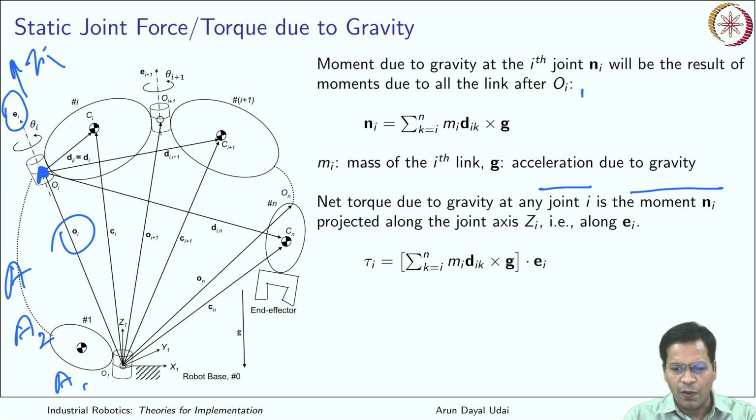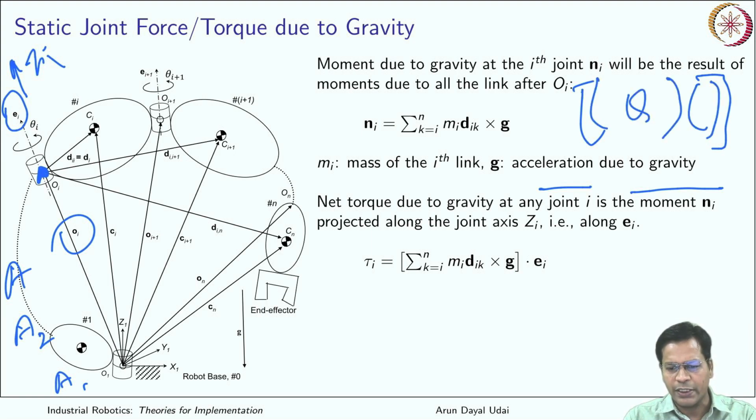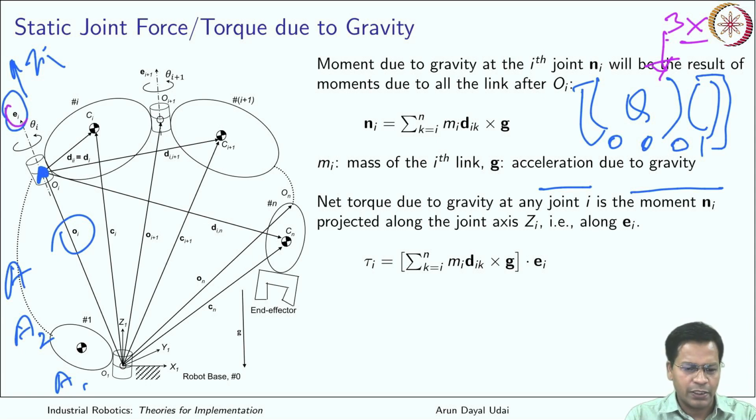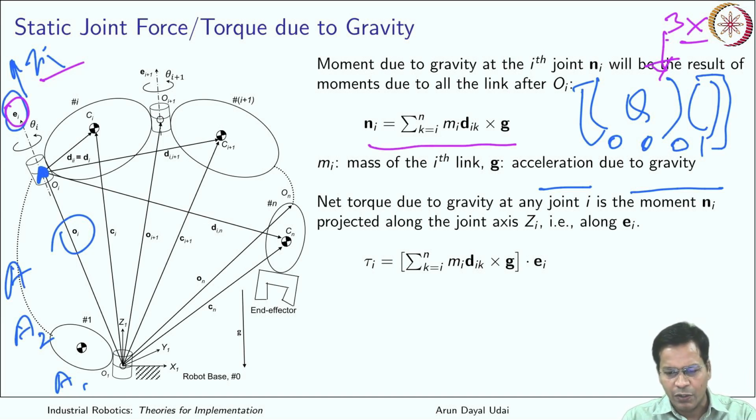You know very well that this gives you the position, this 3 cross 3 gives you the orientation, and this is 0 0 0 1. The last column of this orientation matrix, 3 cross 1, is your e_i vector, and that is what is aligned along z_i. If you want to project your moment along that direction, you have to take the dot product with that unit vector. So e_i is a unit vector along the z_i axis. Taking the dot product gives me the torque at joint i.